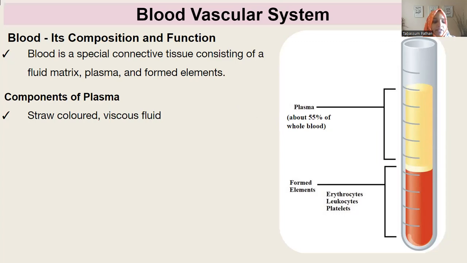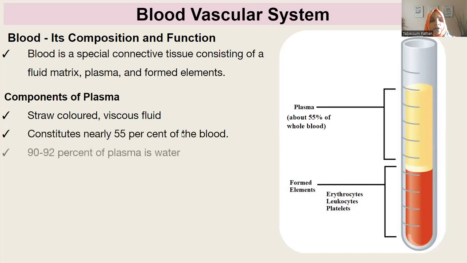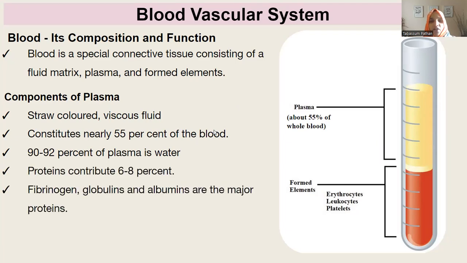Viscous fluid. It constitutes 55% of your blood, and of this plasma, 90% is what? Water. 90% of your plasma is water. 6 to 8% is dissolved proteins like fibrinogen, immunoglobulins, and albumins. These are the major proteins found in plasma.